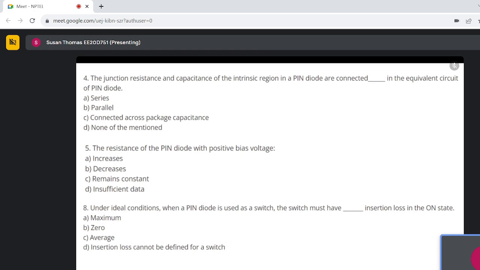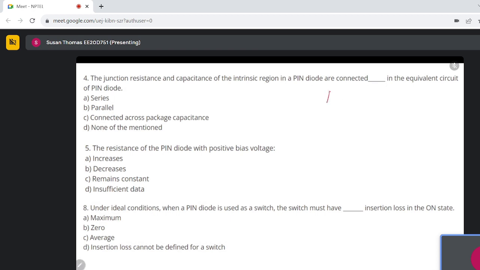Okay, so the next question is the junction resistance and capacitance of the intrinsic region in a pin diode are connected. Is it parallel? Is it series? I mean, the question is about how this Cj and Rj, which is representing the intrinsic region.